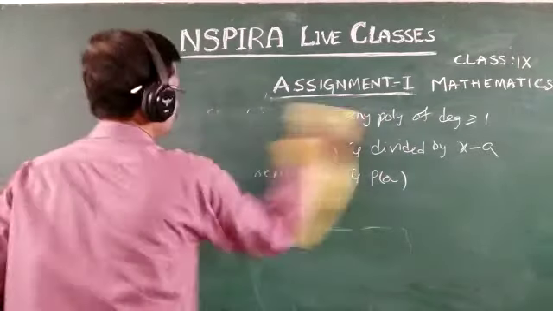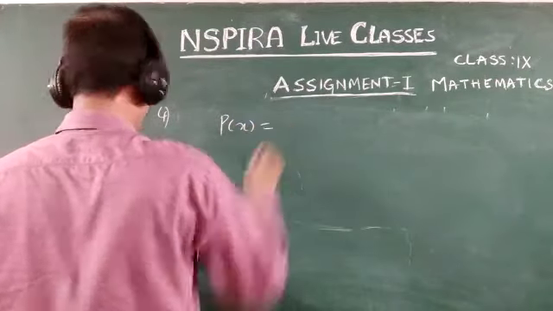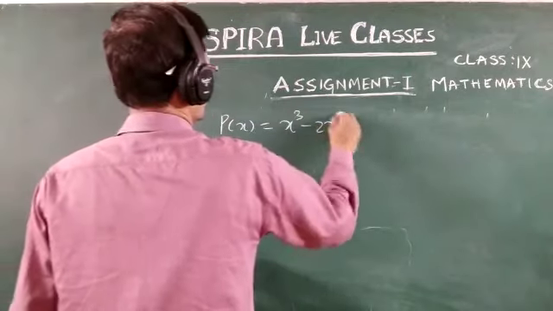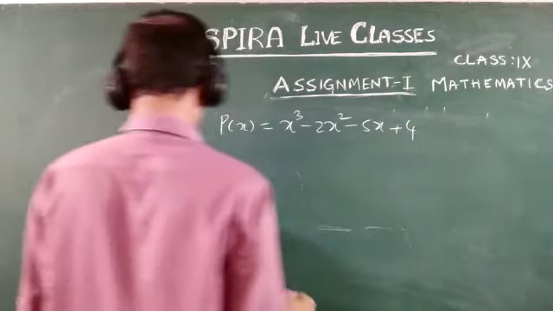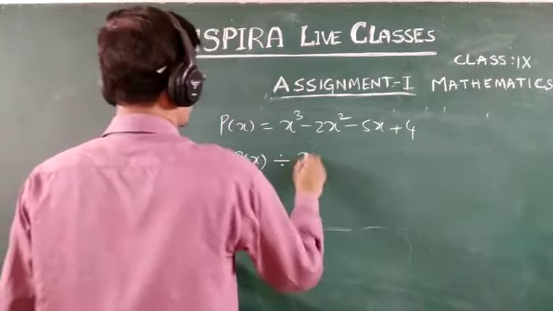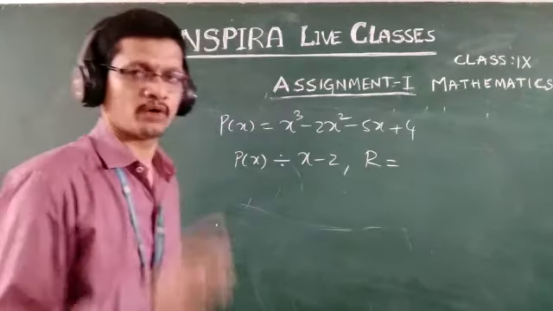Now see the question. P of x is equal to x cube minus 2x square minus 5x plus 4, divided by x minus 2. What is the remainder? It is p of a. What is a in that one?